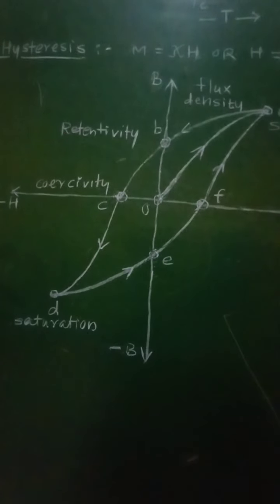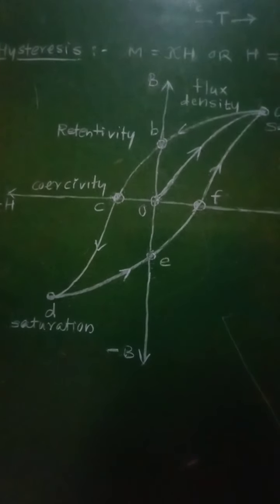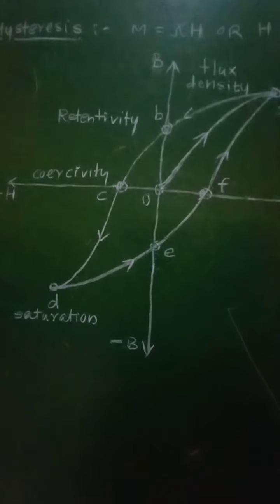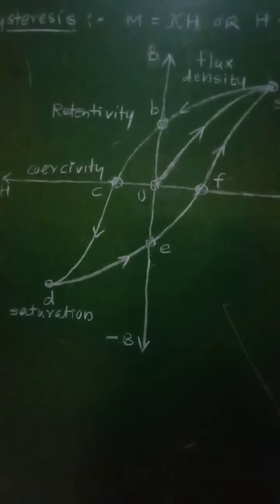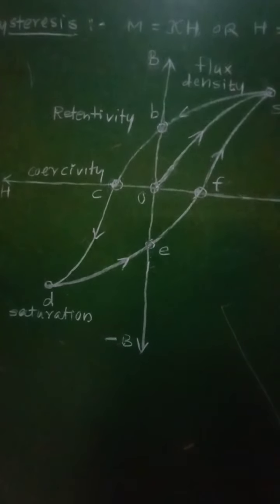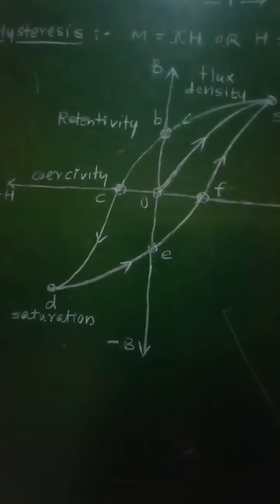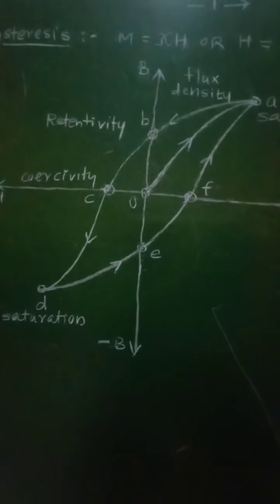At this point E, again H is equal to 0 and B is not equal to 0. That means some magnetic moments will again be aligned in the direction of the magnetic field. Now further increase in the current gives the curve EFA.